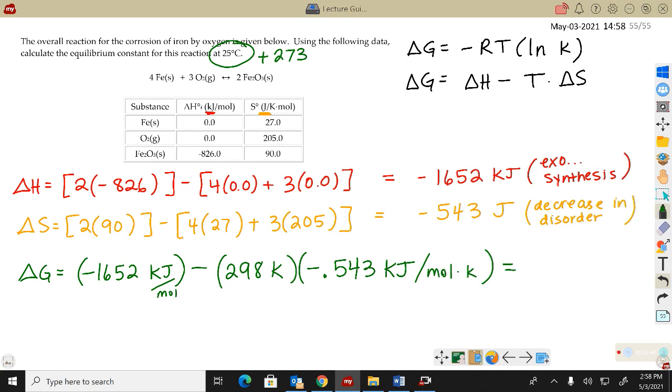Now I do have opposing forces. I have an exothermic reaction, but it does have a decrease in entropy at 25 degrees. Oh, we're fine. Negative 1490, which would mean this is thermodynamically favorable.